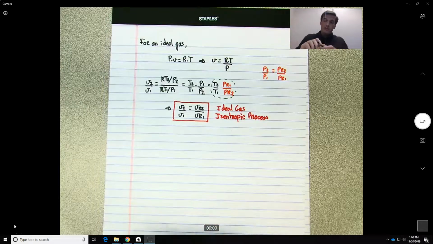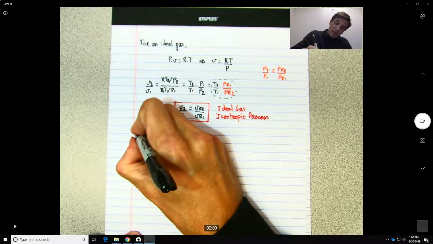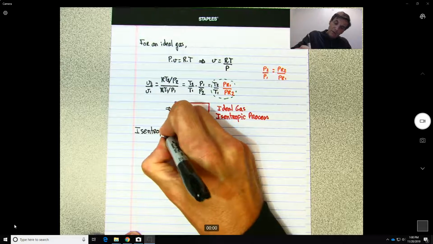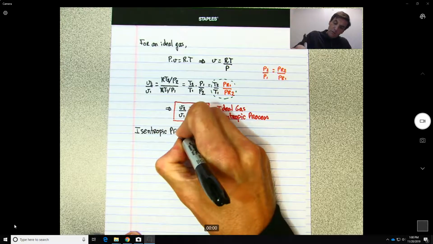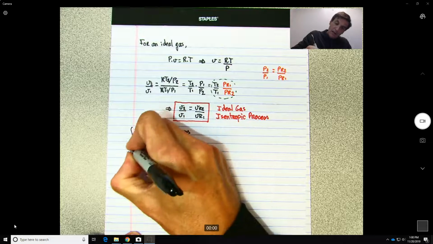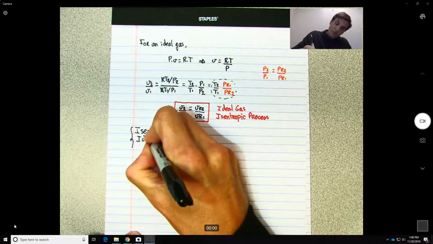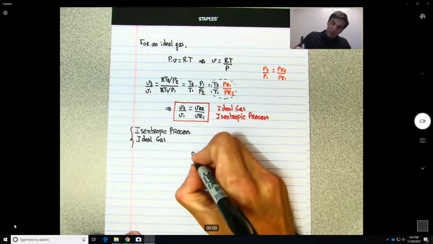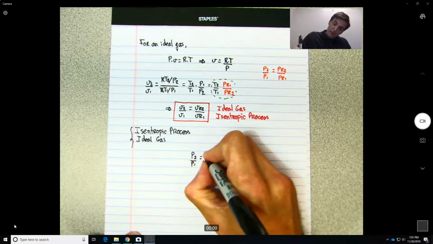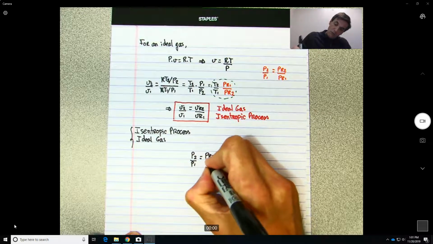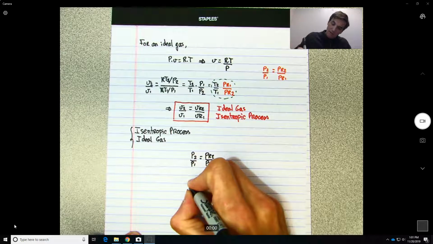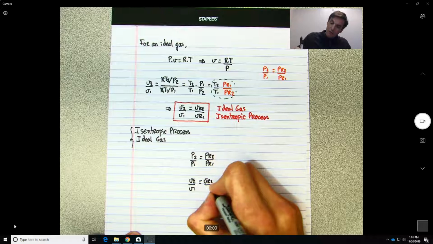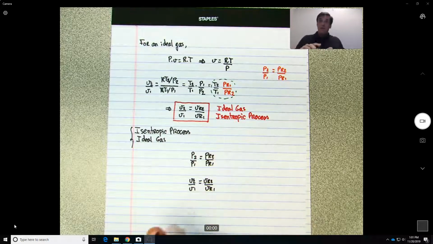So if we summarize, for an isentropic process and an ideal gas, these two relations can be used: P2 over P1 equal PR2 over PR1, and V2 over V1 equal VR2 over VR1.